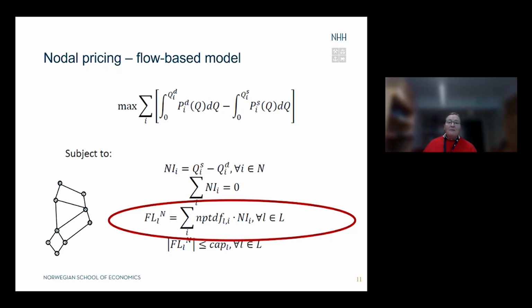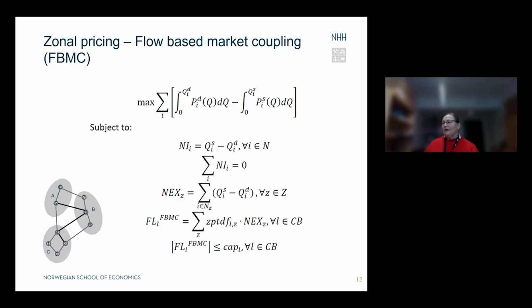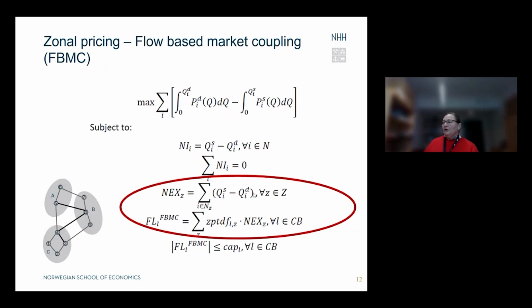We try to implement something like this constraint also in the aggregated model. So what we do here is that we still aggregate the net injections in the zones. We have an aggregated area consisting of many nodes, usually.